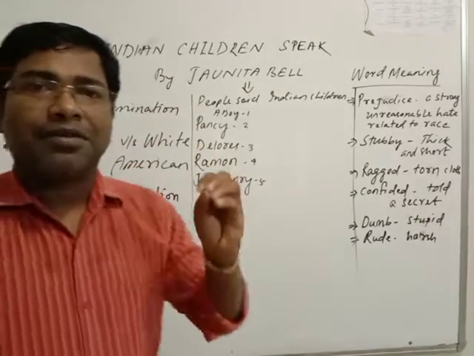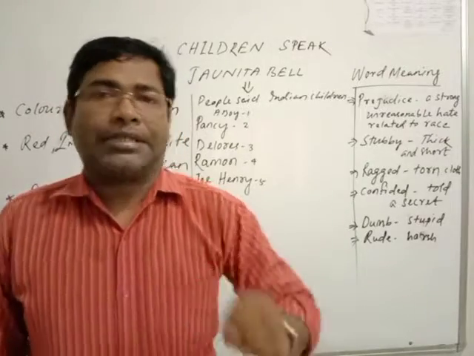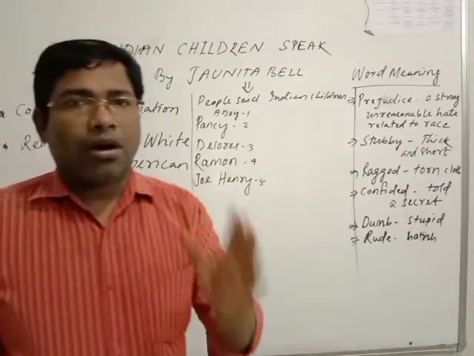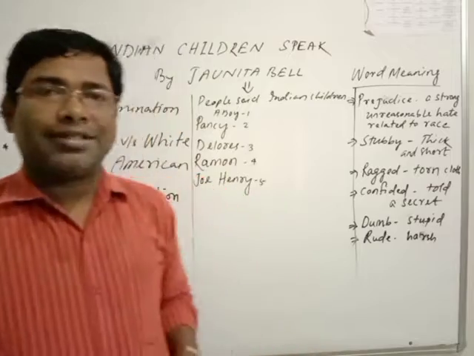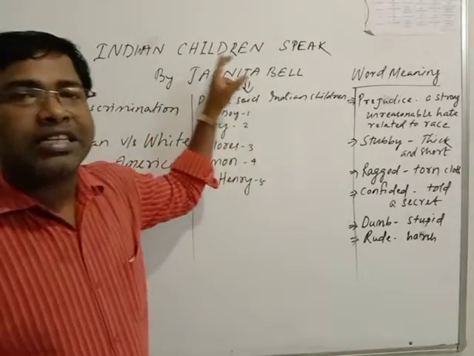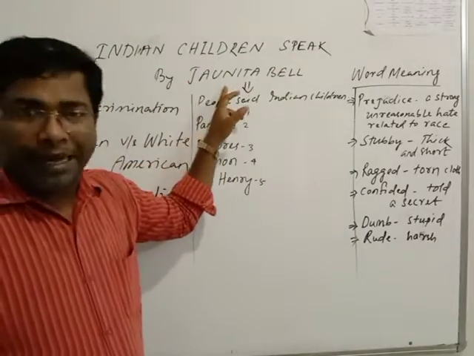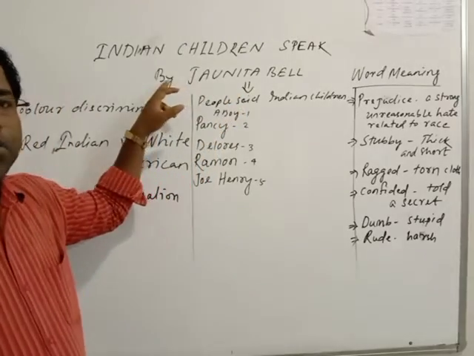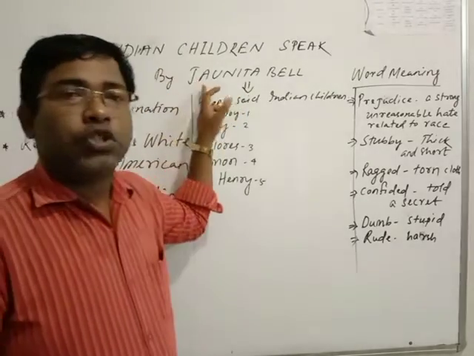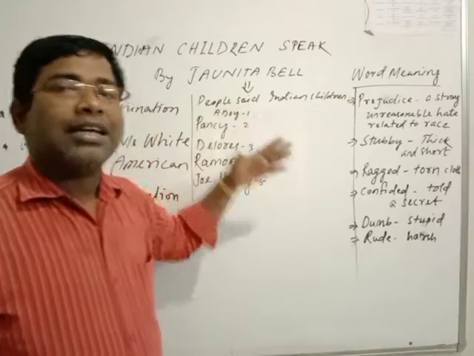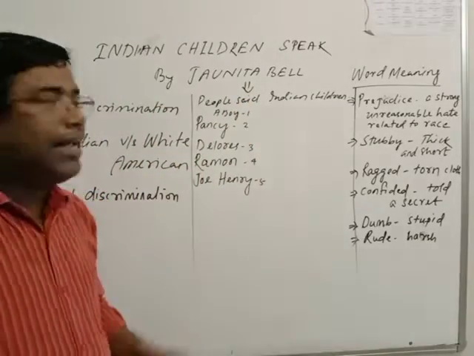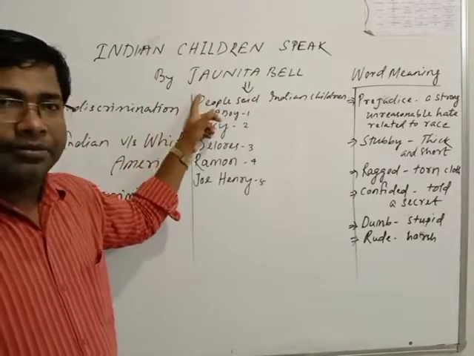That is of your second year syllabus, Indian Children Speak by Jonita Bell. The writer of this poem, or we can say the poet of this poem, is Jonita Bell.